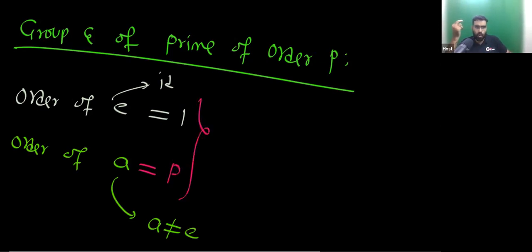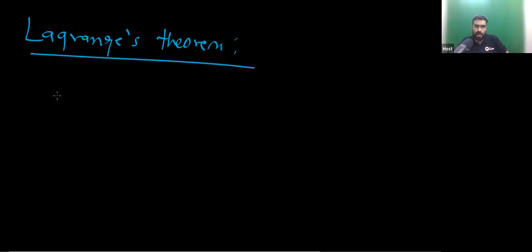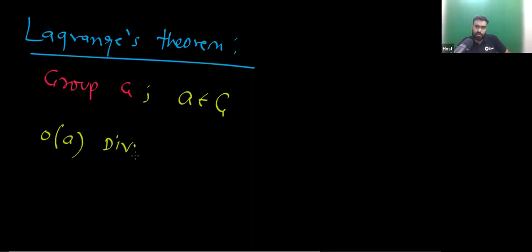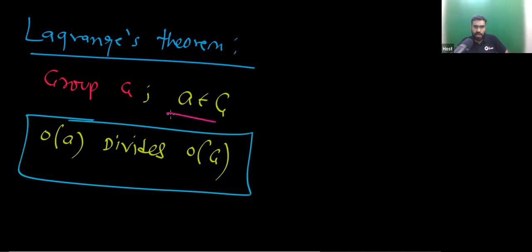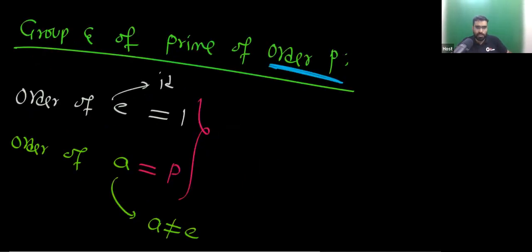Why? Because the order of any element will divide the order of the group. This we already know, the Lagrange theorem. If you have a group G and A belongs to G, then the order of A divides the order of G. Now what is the order of A?